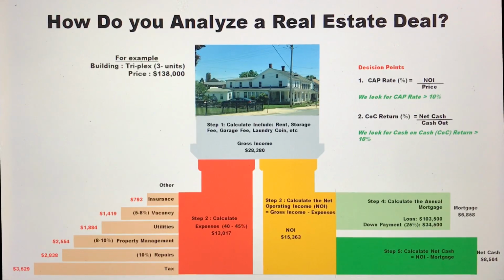Any quick repair at the beginning of the purchase, closing costs, the total cash out of pocket. That's how you get the cash on cash return. It means for the cash that's out, what is the net cash that I'm getting, which is a great, important key factor for us to make a decision on a property, and we always make sure we're getting greater than 10% as well.